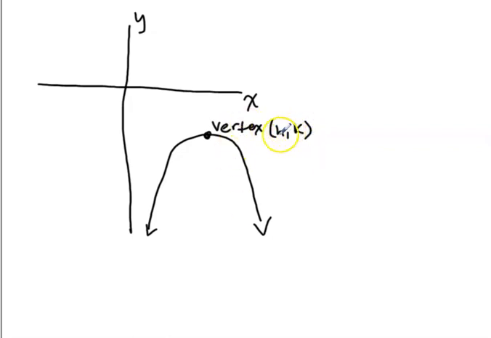It's common to use the letters H and K to describe the vertex coordinates. And let's name this the focus right here. And let's go equally distant.